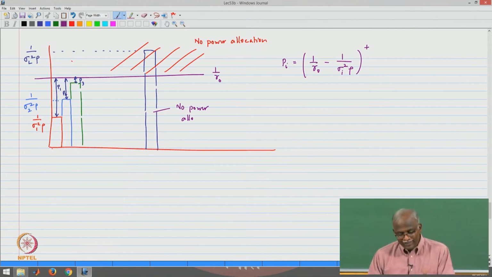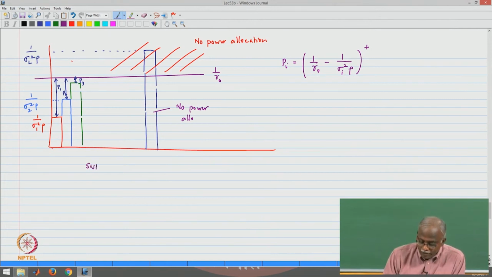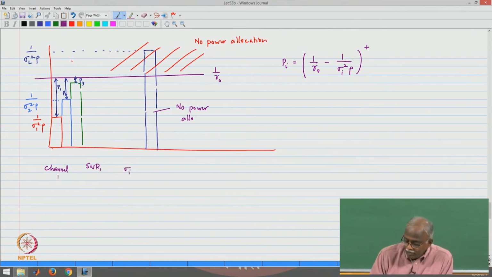So, the intuition is the same as what we had previously, where it says that the strongest channel, which is represented by SNR1, channel 1, which has the best conditions, sigma 1 squared times rho, will get a power allocation P1.